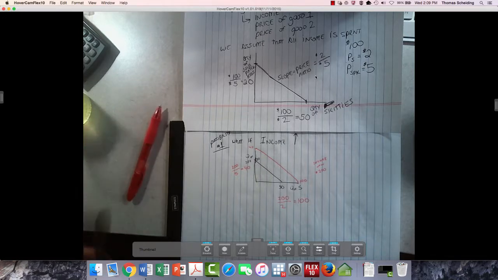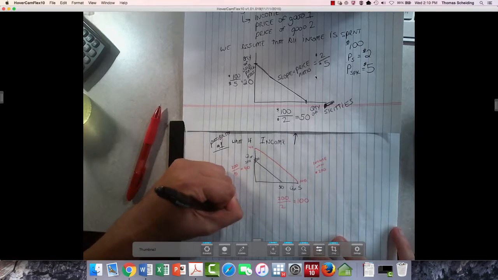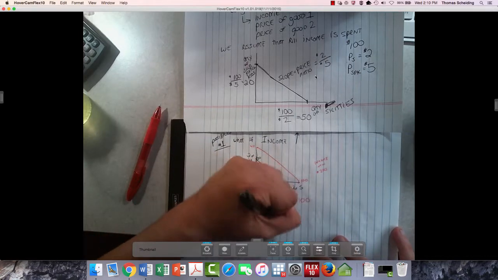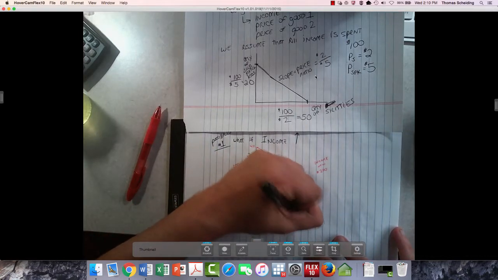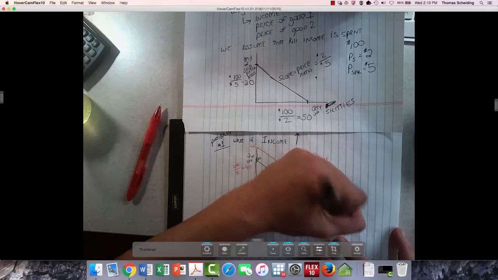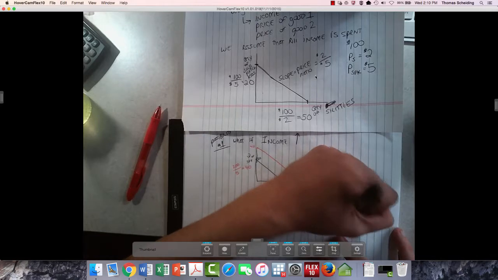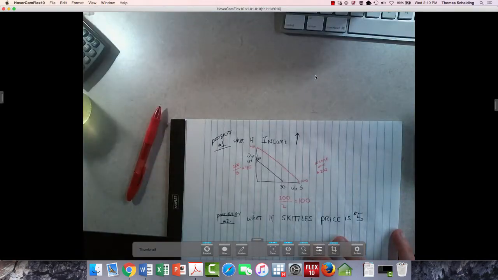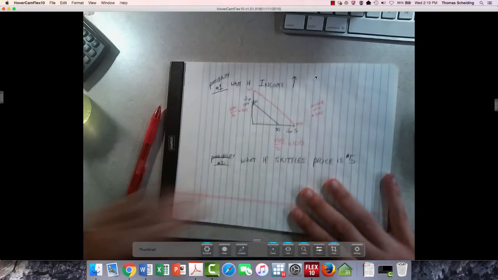What if, for possibility number 2, the Skittles price goes to $5?